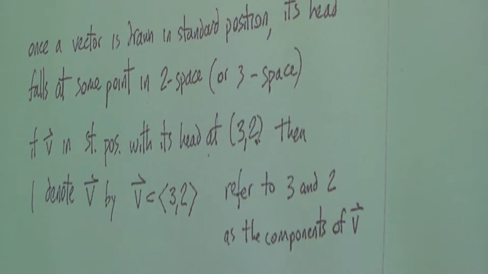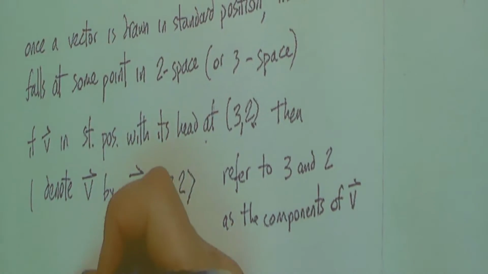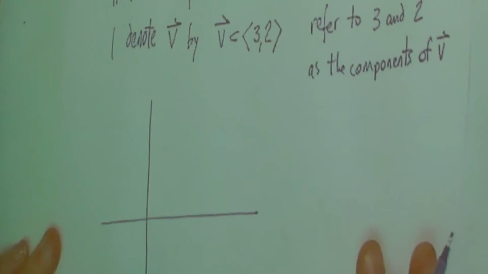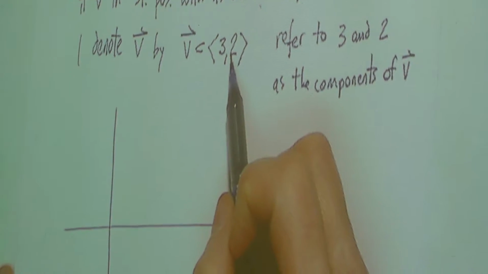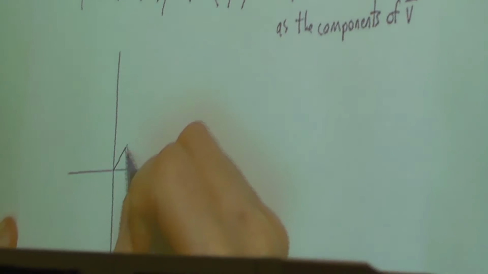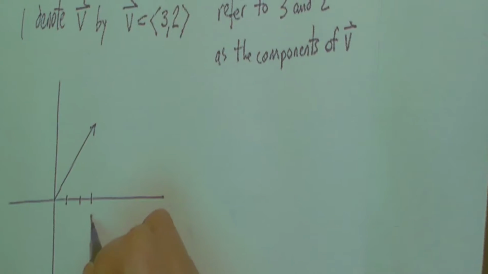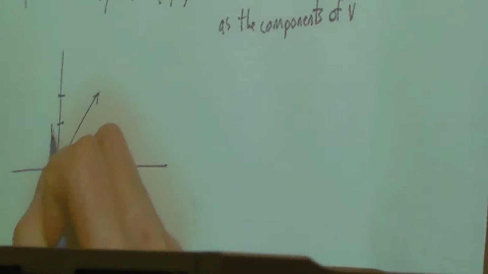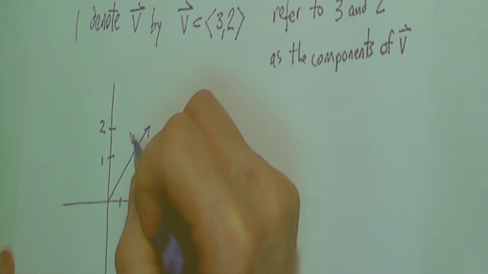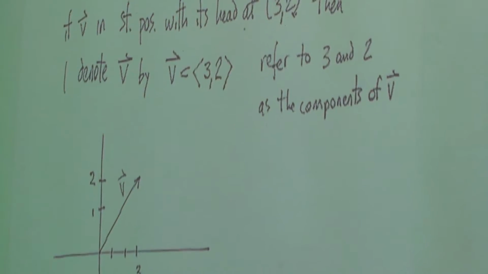Okay, now, I don't know that you want to try and draw this, but I just want to kind of show you where addition comes from. The point of this is to really get you to see what these components represent. So, if I had this vector, so this is my vector V with components 3 and 2.